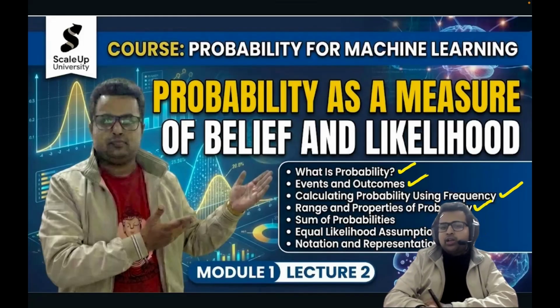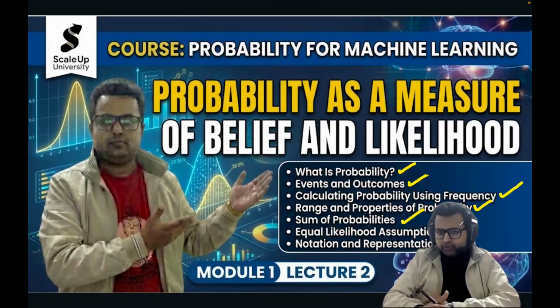Then the sum of probabilities, some rules like the sum of probability has to be 1. Then the equal likelihood assumption. And at the end, we will discuss notation and representation. These will be the topics we look at in this lecture one by one.